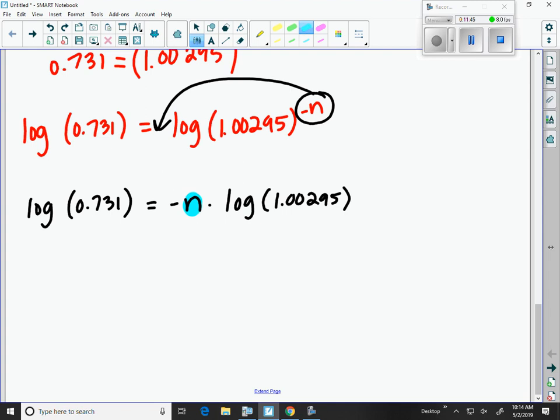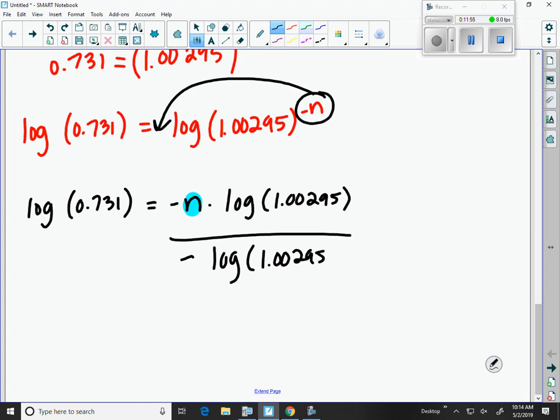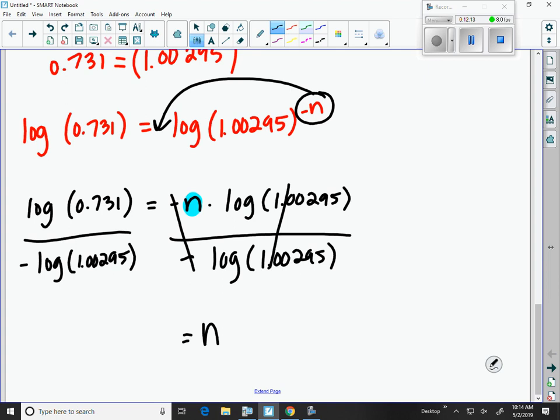So the two things that we don't want on this side is we do not want that negative, and we don't want this log of 1.00295. So we're going to divide by negative log 1.00295. Do it on the other side as well. So this should cancel out the negative, it should cancel out the log, and we're left with n.